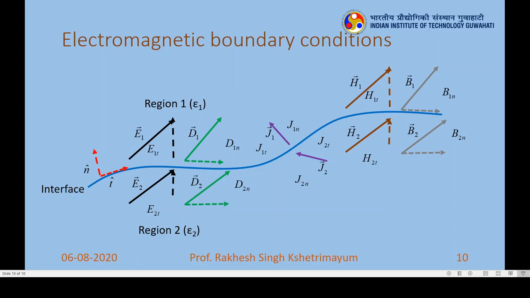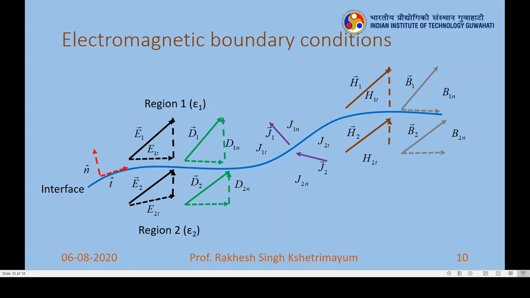At the interface between these two regions, you know that E1t is equal to E2t. The tangential component of the electric field is always continuous, and the normal component of the electric flux density is discontinuous, and the amount of discontinuity is equal to the surface charge density present at the interface.